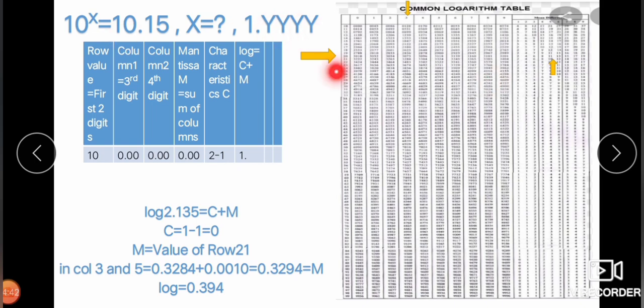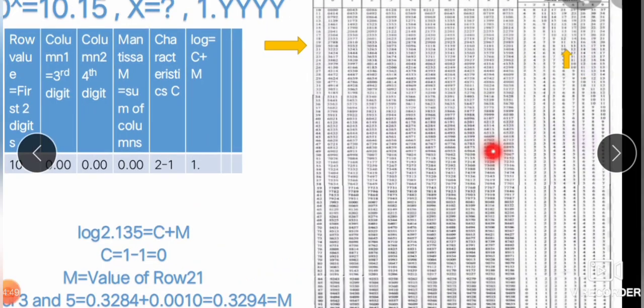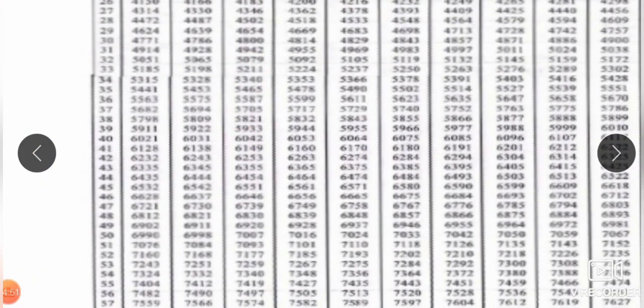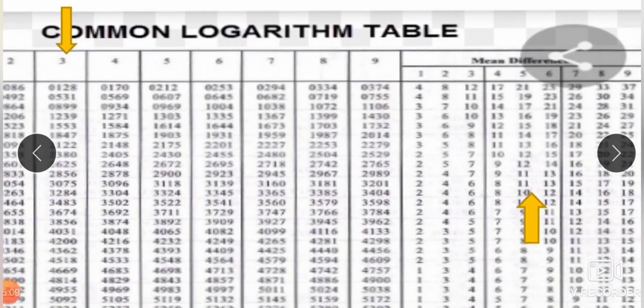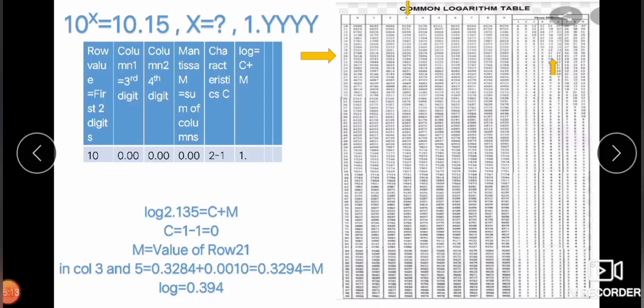Row 10, value of row 10 under column 1 and 5 we have to add. Yes, under the row 10, value under the column 1 is 0.043 and here under 5 it is 21.